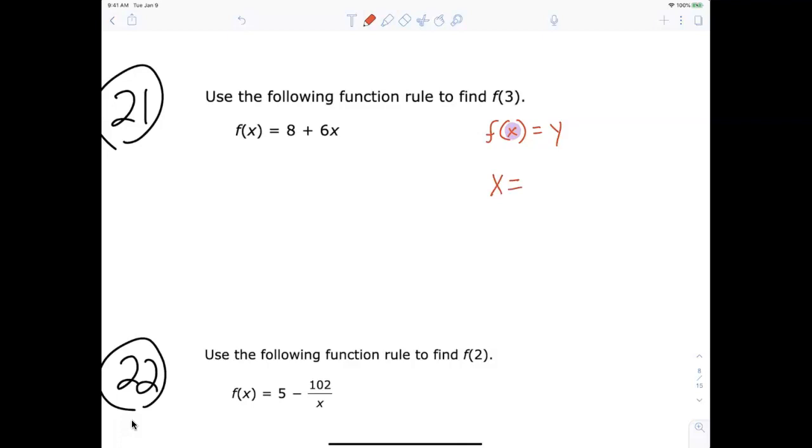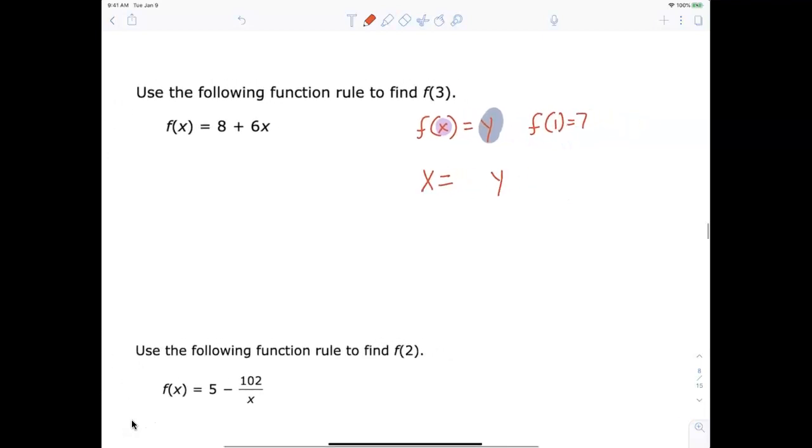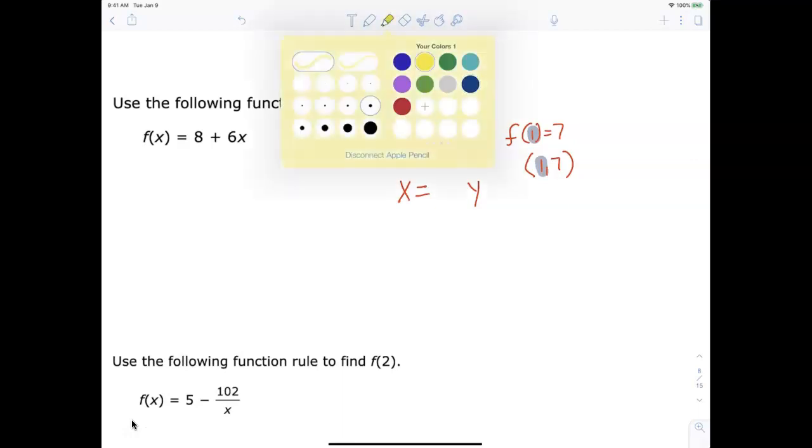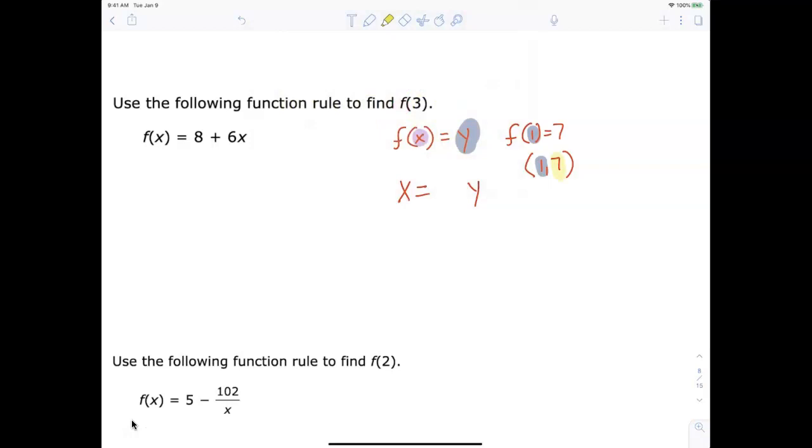What it equals is the y coordinate. So if somebody writes f of 1 equals 7, that means the point (1, 7) is on the graph. Again, 1 is the x, and what it equals is the y.